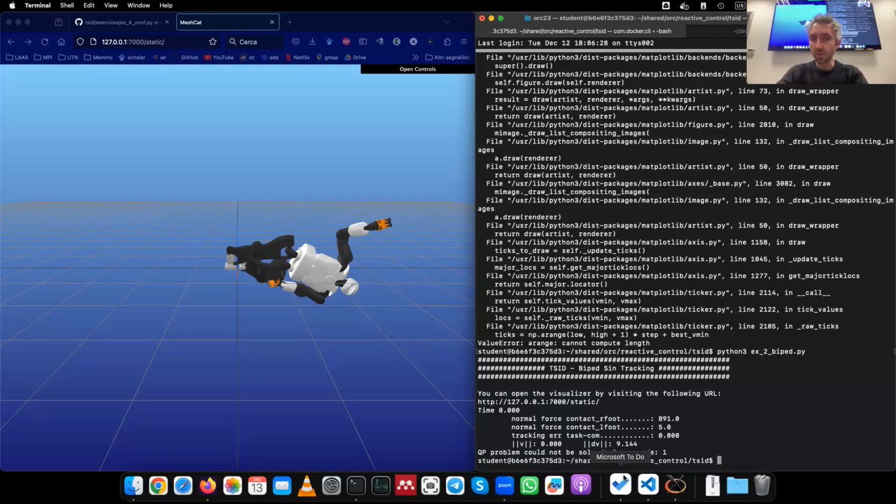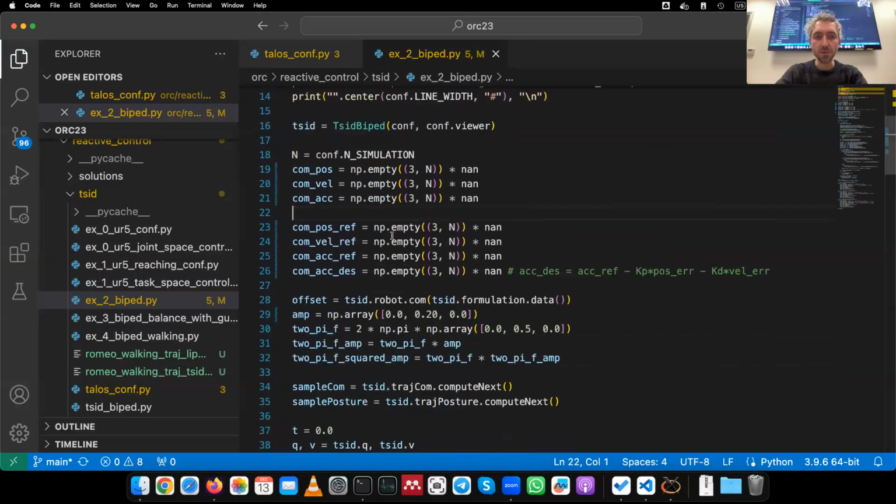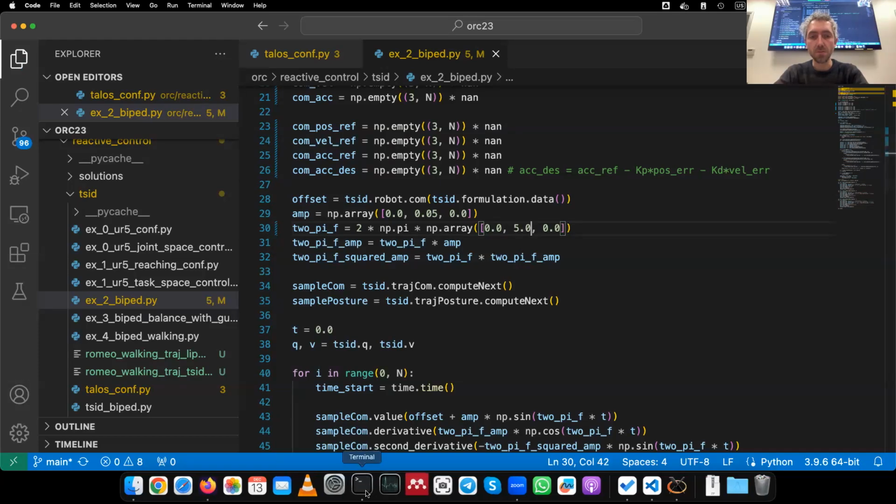Another thing that is quite, I think, entertaining is to increase the frequency. So we go back to a reasonable amplitude, to the 5 centimeters we had before, but we increase the frequency. So now the frequency is 0.5, we can make it, I don't know, 5 and see what happens.